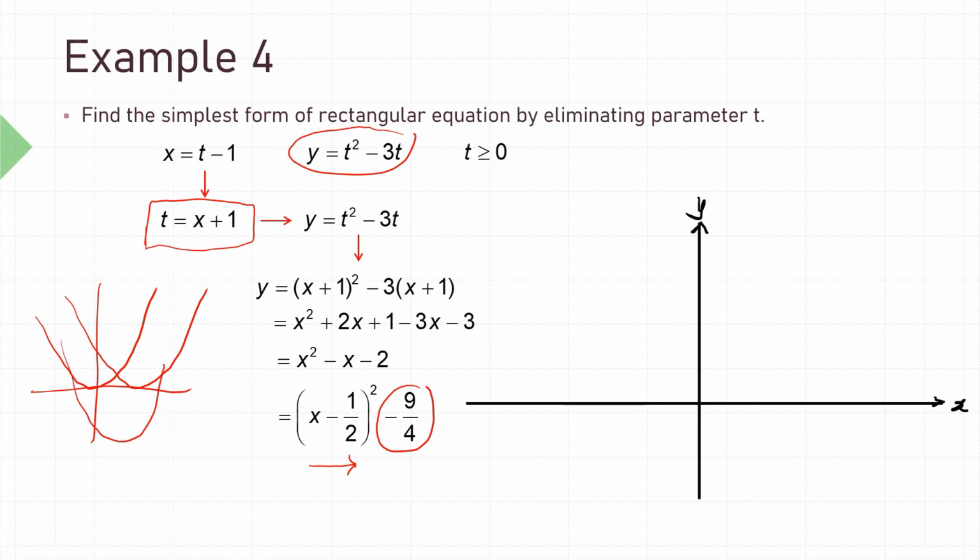So it's something like that. So we have this parabola. If you don't remember this, then go back to those parabola equations, or how you complete the square. What does completing the square of the quadratic equation mean? You need to go back to that.